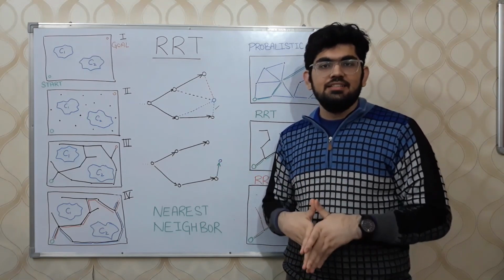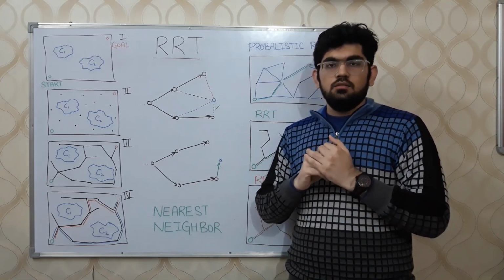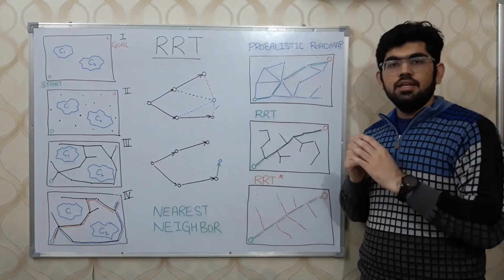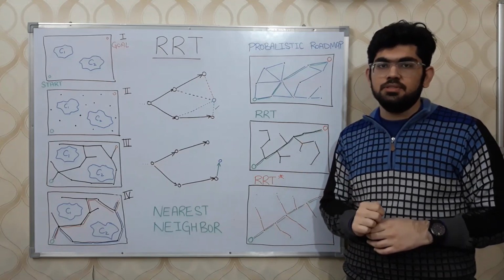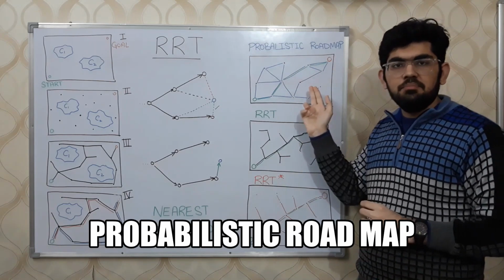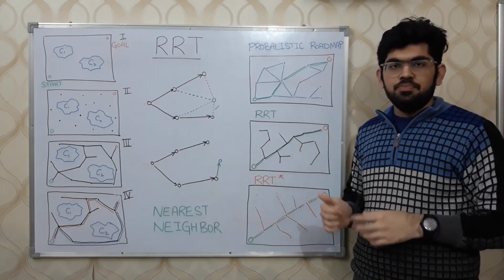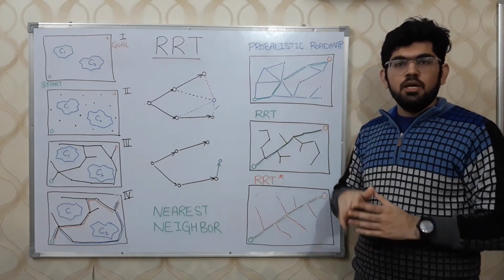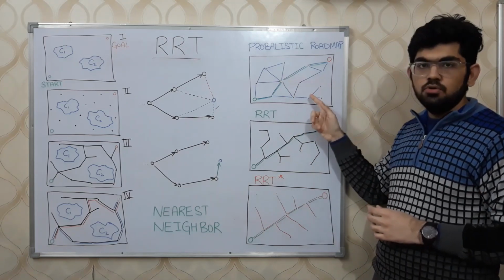There are certain extensions of the vanilla RRT algorithm to make them more suitable for certain kinds of problems. Now let's discuss the structure of the search for some of these sampling algorithms. The first one we have is the probabilistic roadmap. Probabilistic roadmap is a relatively simple algorithm where we sample the points in the space and form a more or less complete graph, as we can see over here in the blue.